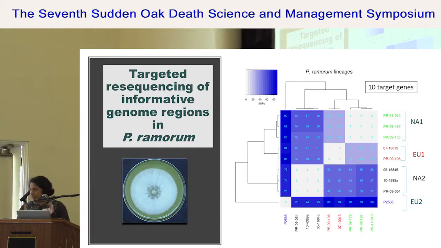White means there is little or no difference, and as the color becomes bluer, it means they are more divergent. And we got the same topology as we get from comparing whole genome sequences, using this small target of 10 genes.